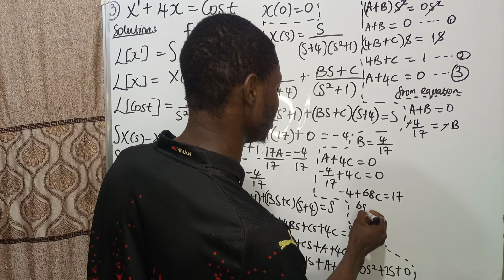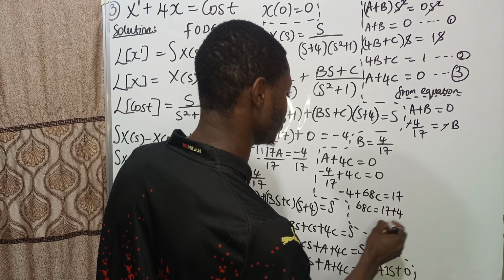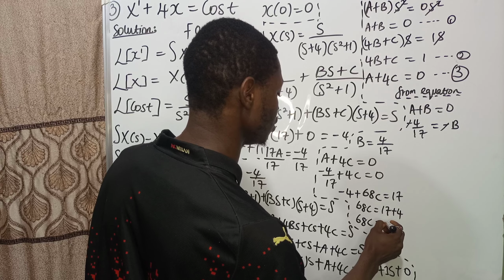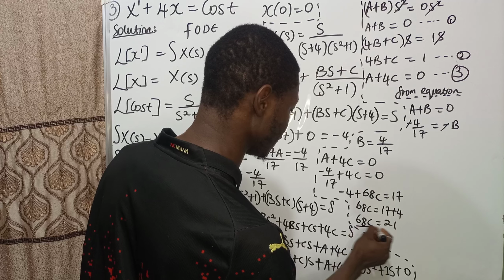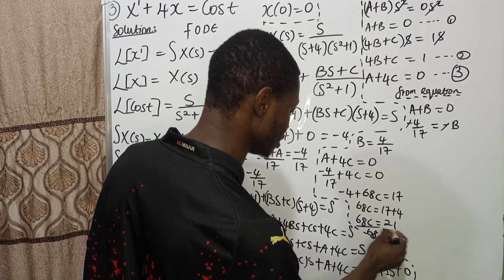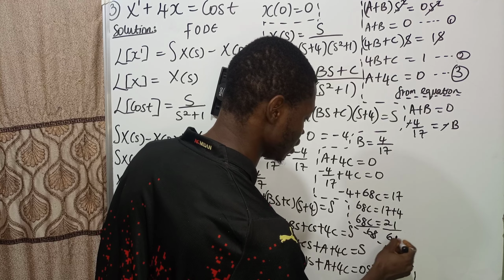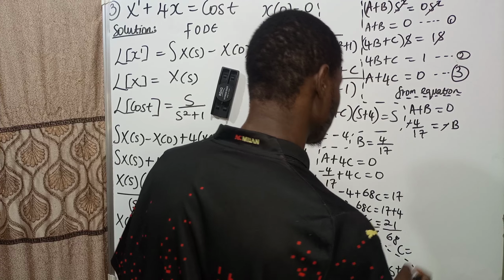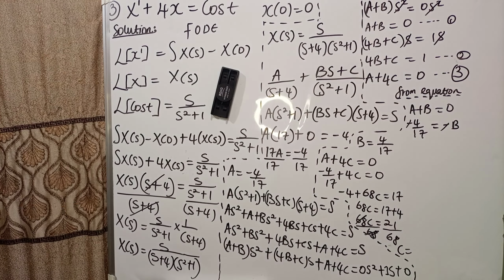So we have 68c is equal to 17 plus 4, so 68c is equal to 21.